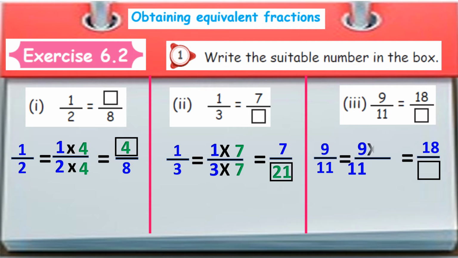So 9 by 11 into 2, here also into 2. Then both will be balanced. So 11 twos are 22. So 18 by 22 is the equivalent fraction for 9 by 11. You understand now? Okay, let us move to the fourth sum.